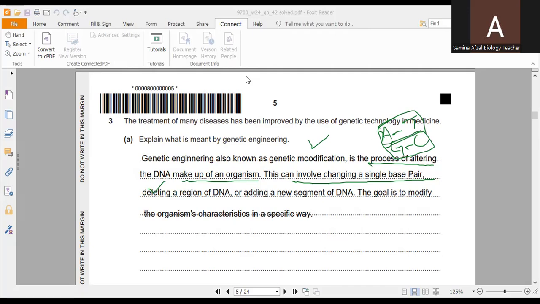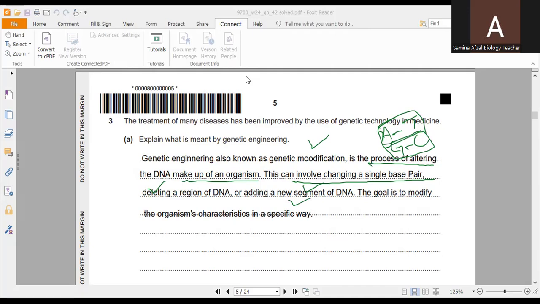So we can remove that faulty DNA segment and replace it with a healthy segment of DNA. The goal is to modify the organism's characteristics in a specific way. So genetic engineering is the process of directly modifying the DNA of an organism to change its characteristics or traits.